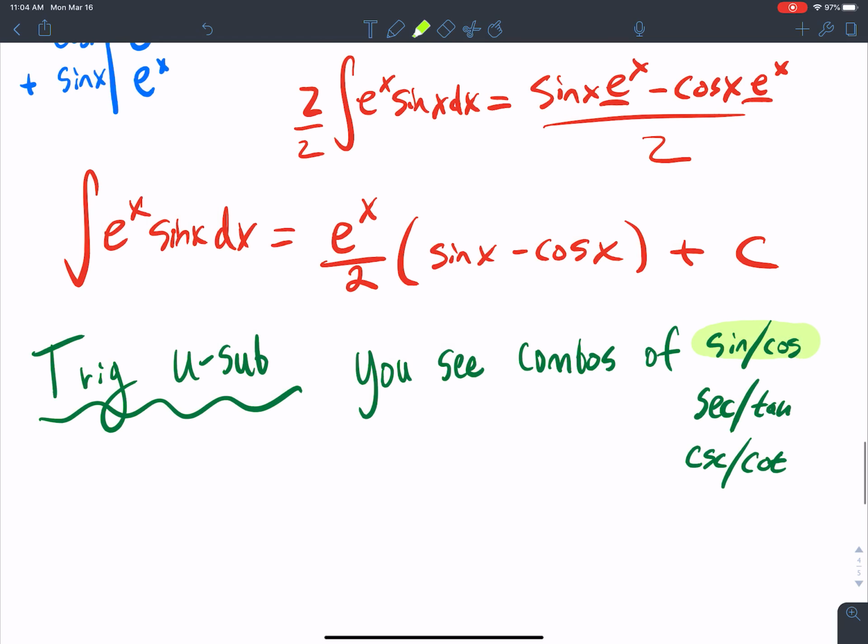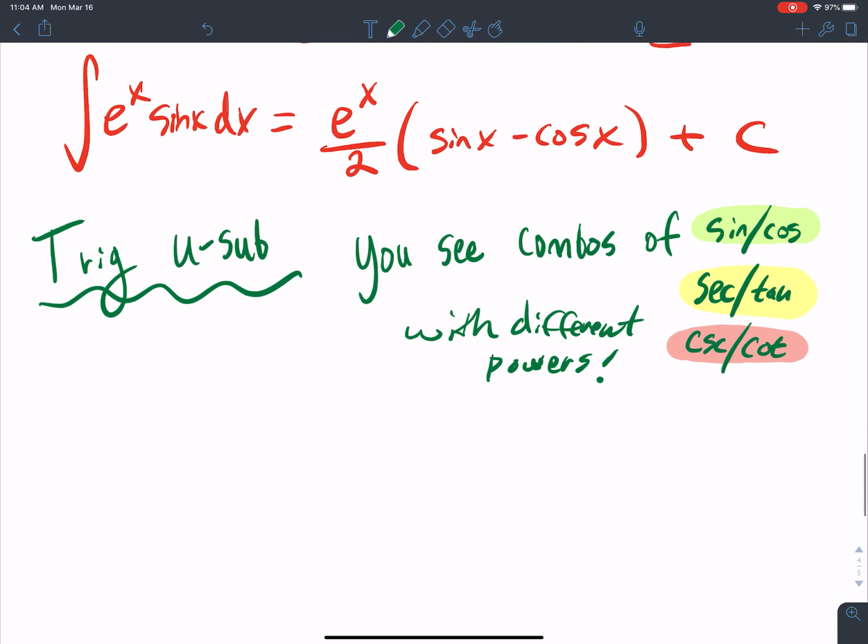So there are 3 different combinations you might run into here. And then there are different powers of it, so maybe it's sine squared and cosine cubed or something like that. The powers don't necessarily have to be different, but sometimes they are.